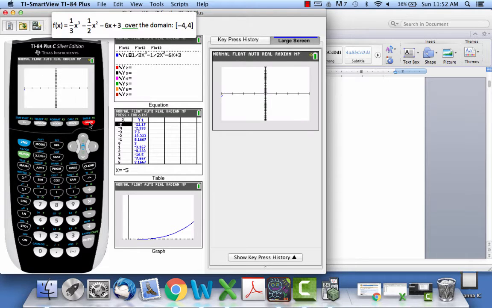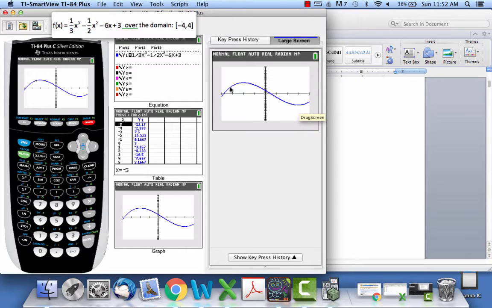And then we would have seen from here that the max is going to happen at -2 and the min was going to happen at 3.